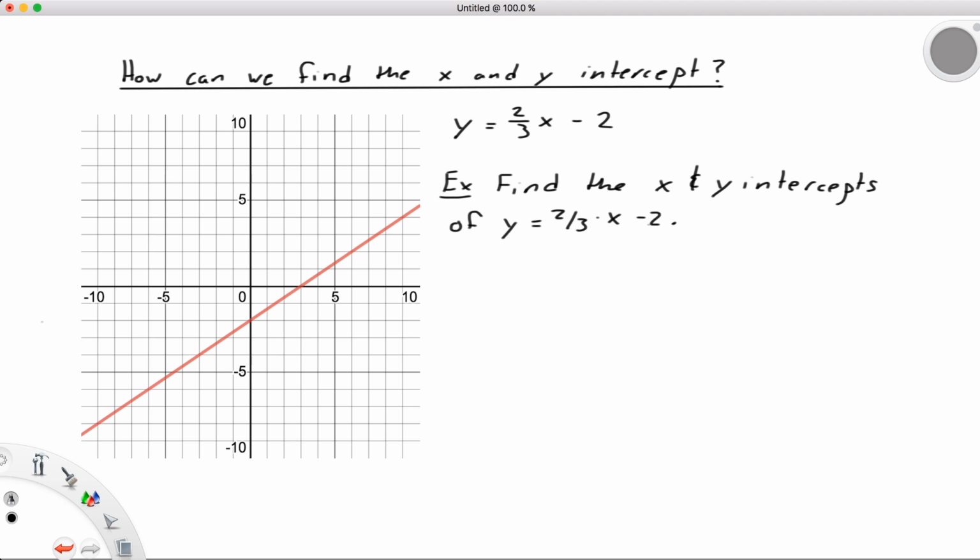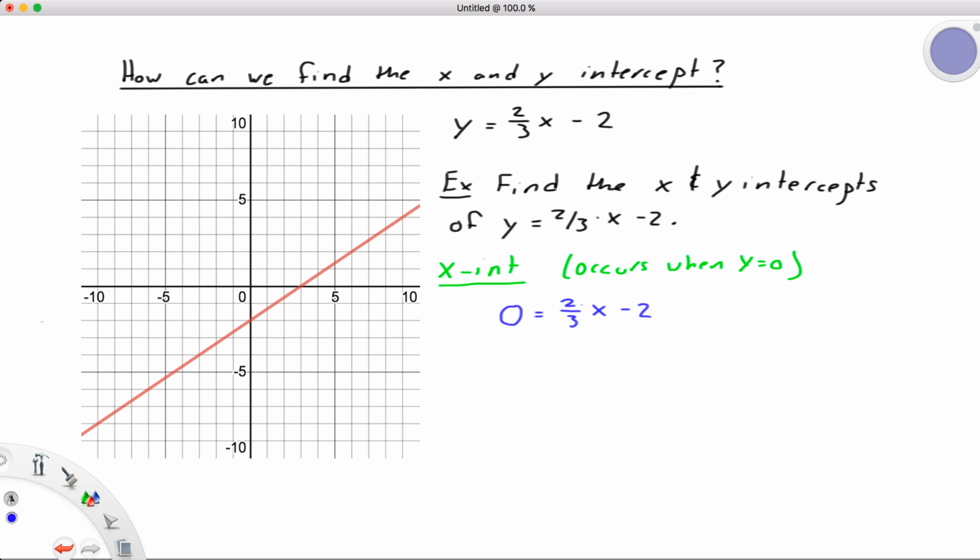So let's see if we can take this line as an example and find the x and y intercepts of y equals 2/3 times x minus 2, which is the line we have pictured to the left here. Let's start with the x-intercept. We know that this occurs when y is equal to 0. So we can take our equation and substitute 0 in for y. Now we have 0 equals 2/3 x minus 2.